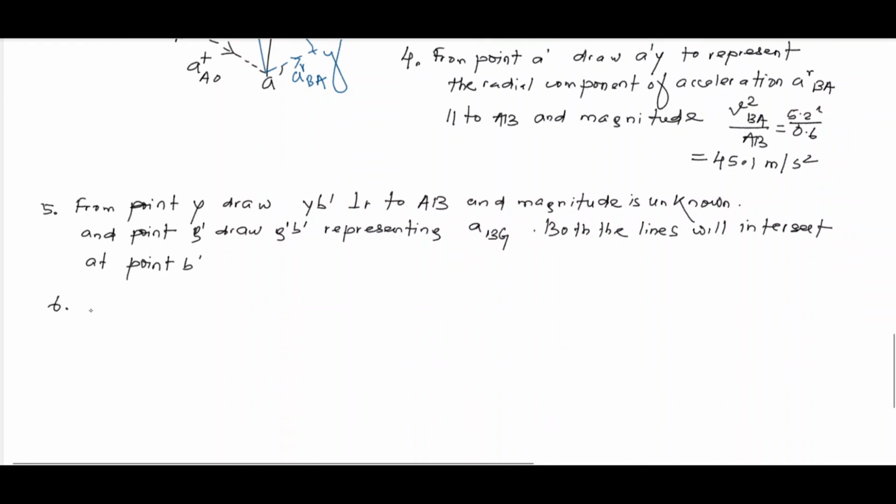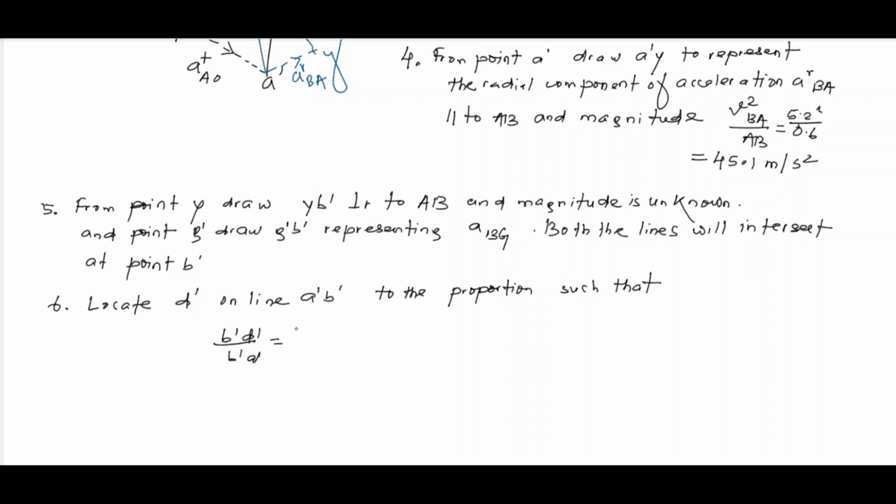Sixth step, locate the point D dash on line A dash B dash in proportion such that B dash D dash divided by B dash A dash is equal to capital BD by BA.